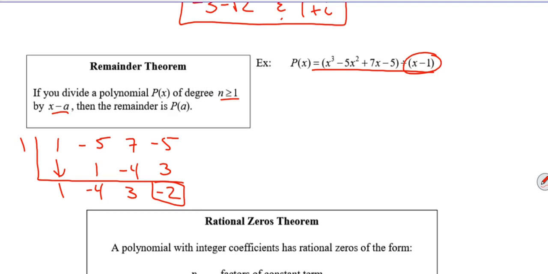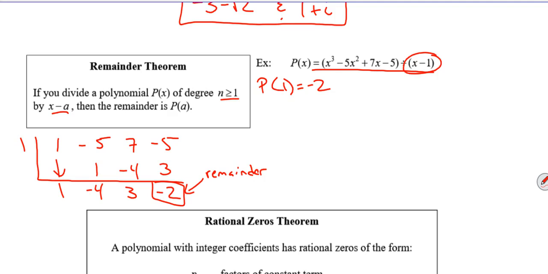So, in fact, x minus 1 is not a factor of the original polynomial. 1 is not a zero. My remainder of -2 is actually the same thing as P of 1 being -2.